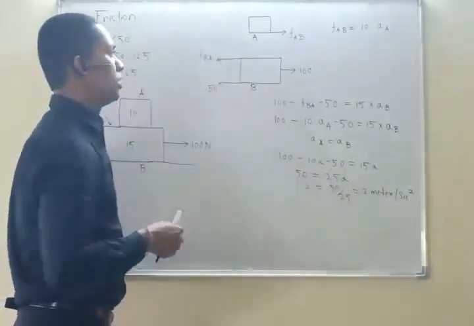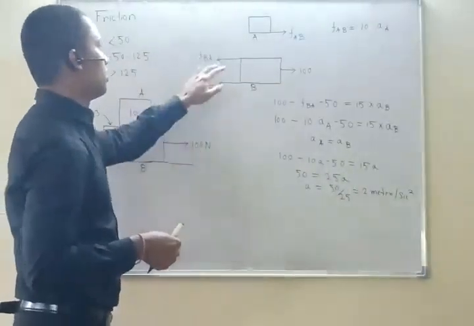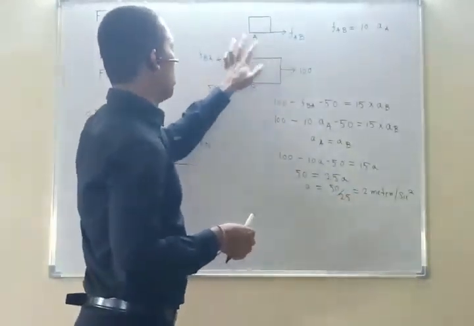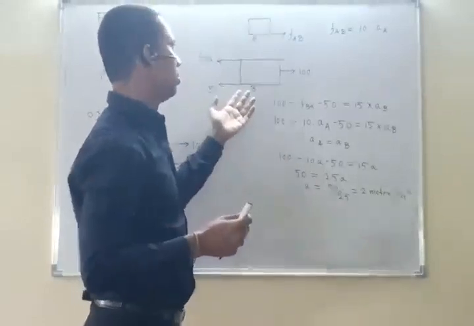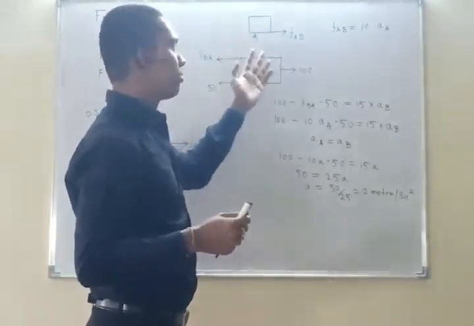Now we need to see what the resistance between these two blocks was. We assumed it as 30 initially and we got the wrong value. But now we can find the value.